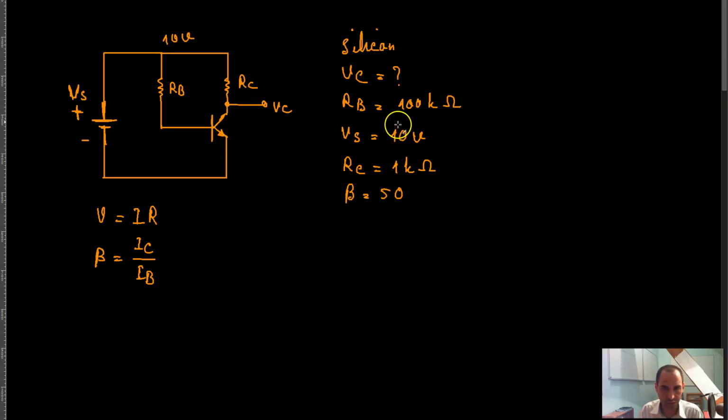This is an NPN transistor, and basically we have some voltage here, and that voltage you can think of as the collector emitter junction voltage of this transistor, because the emitter is grounded, is connected to ground, and so the collector voltage is this point, and if you measure this voltage with respect to ground, of course, then you're basically measuring the collector emitter junction voltage of this transistor, right?